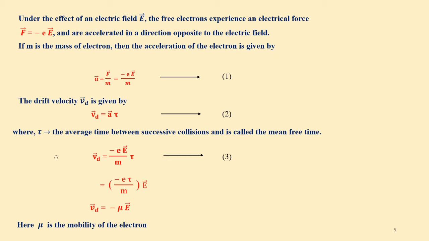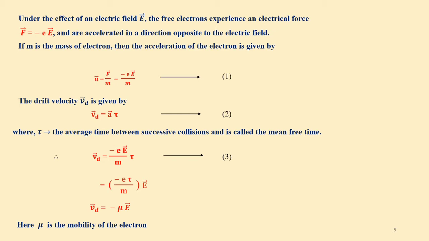If m is the mass of the electron, then the acceleration is given by force by mass. So a vector is equal to F vector by m, which is again equal to -eE vector divided by m.